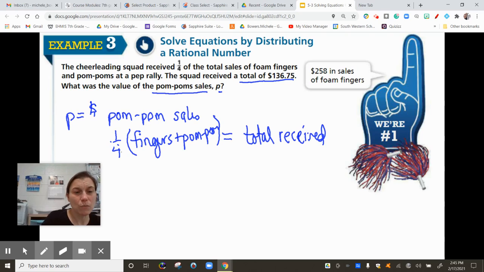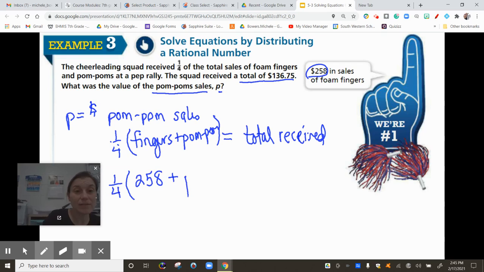So now that I know this in words, let's fill this out. They're going to get 1/4 of the sales, and that's the sales from the foam fingers, which we know is this amount, plus they also get sales from the pom-poms, which is P. The total amount they received was $136.75.